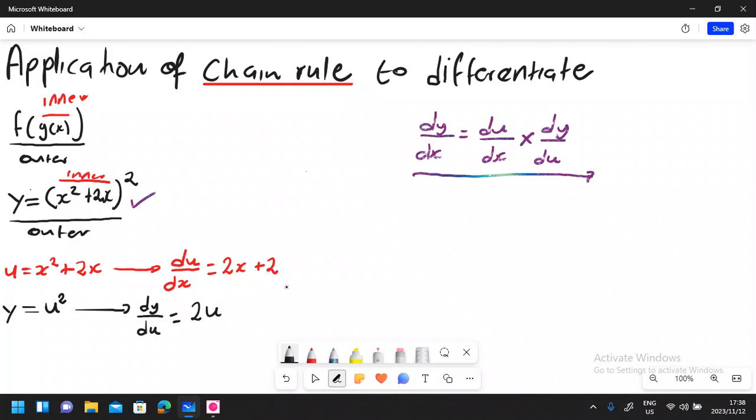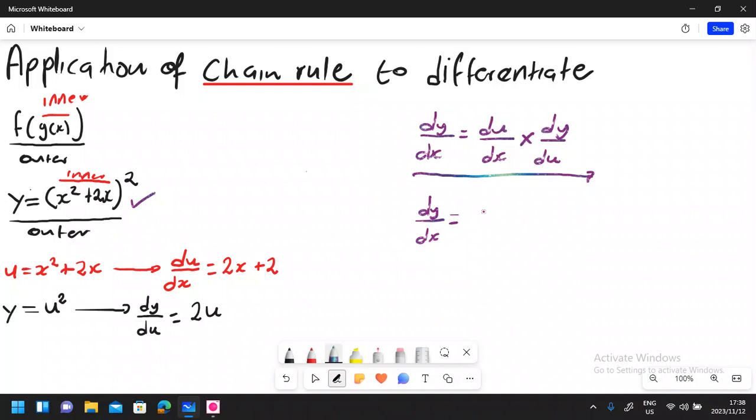Now remember, we have to use this formula here. Remember, dy over dx, this is the final derivative. This is the one that you're supposed to be getting. So remember, dy over dx is du over dx multiplied by dy over du. So what is du over dx?